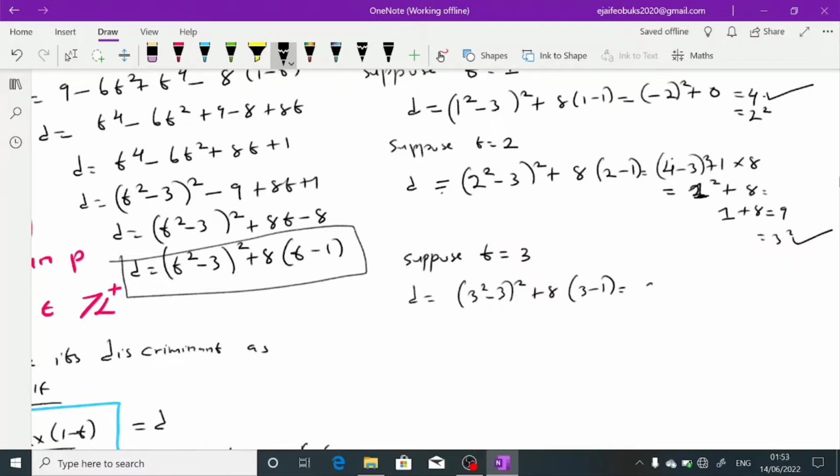So this is (9 minus 3) all squared plus 8 times 2. This is 36 plus 16 equals 52. And 52, okay, this is not working.